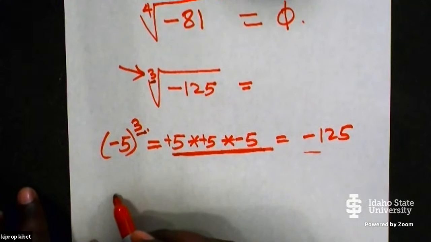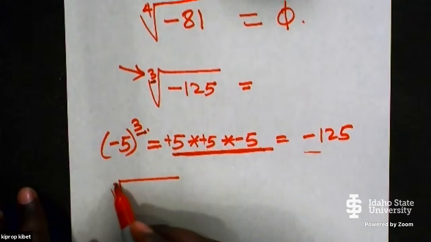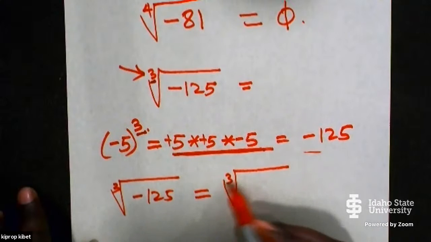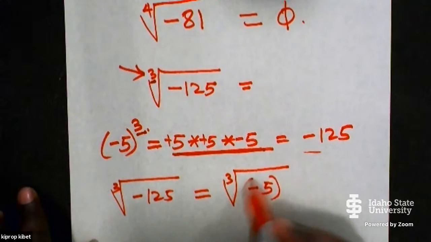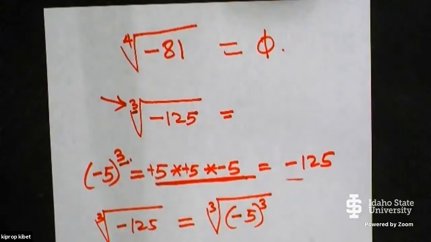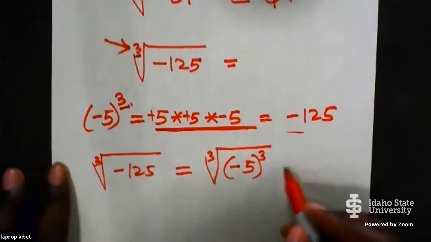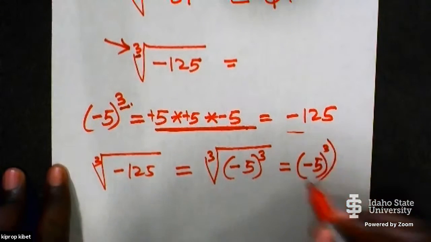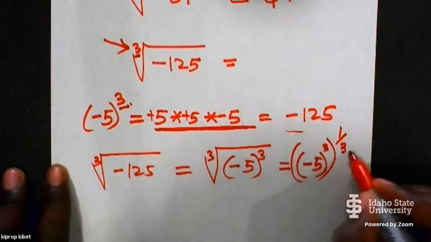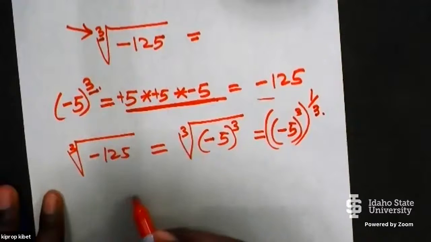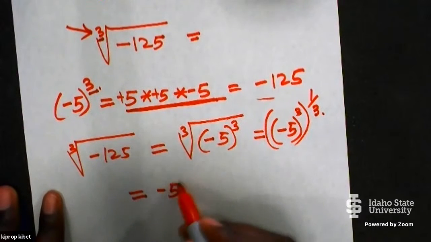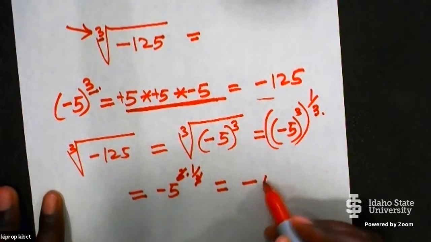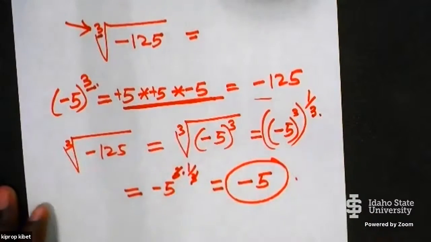So minus 125 is equal to minus 5 raised to 3, and this is similar to minus 5 raised to 3 and then raised to 1 over 3. Finally, this is equal to minus 5 raised to 3 times 1 over 3. This and this will cancel, and what we get is minus 5.